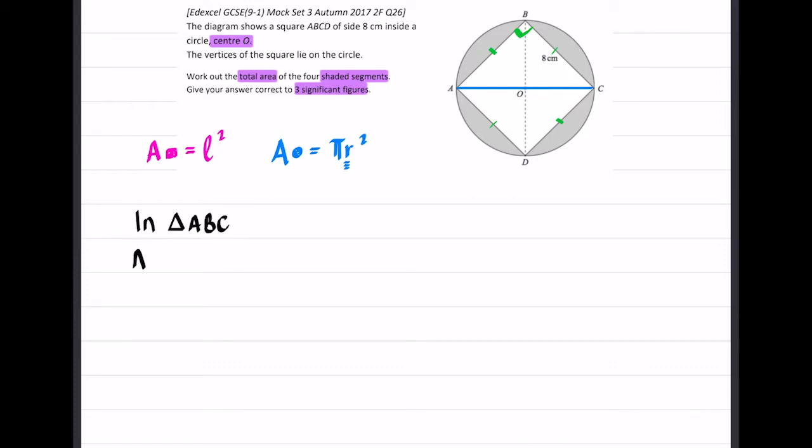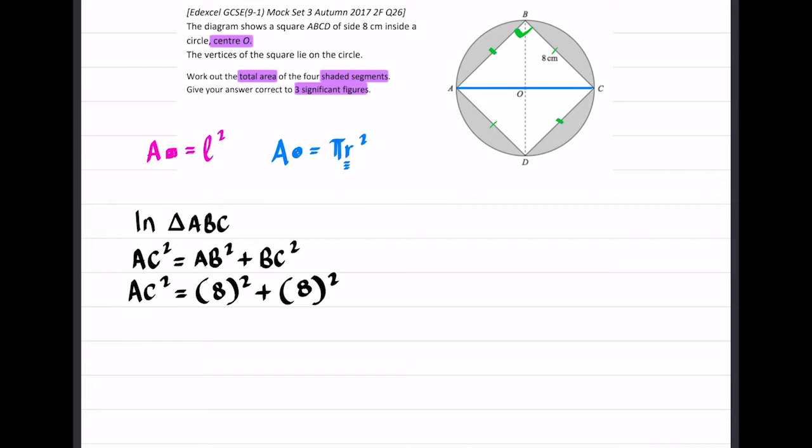I know that AC squared is equal to side 1, which is AB squared, plus side 2, which is BC squared. So AC squared is equal to 8 squared plus 8 squared, since BC is also 8. So AC squared is equal to 64 plus 64, which is 128.